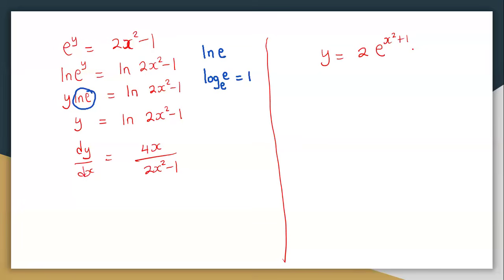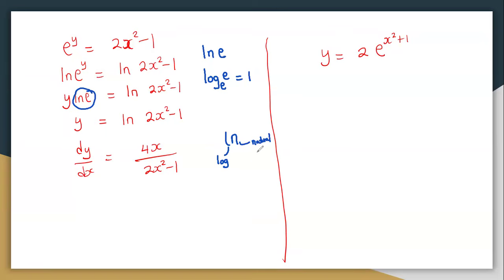Now, let me throw more light. This ln, the one we are saying, is like this: L, N. This one is an L, and it stands for log. This one, N, stands for natural.